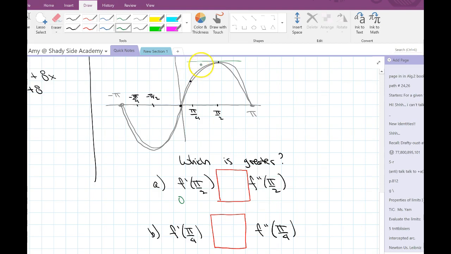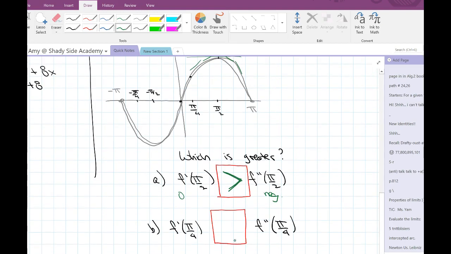At pi over 2, the slopes of the tangent lines are decreasing. So I know f double prime at pi over 2 is negative. So which is greater? F prime of pi over 2. Nicely done.